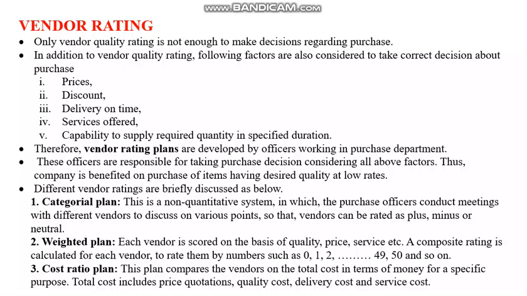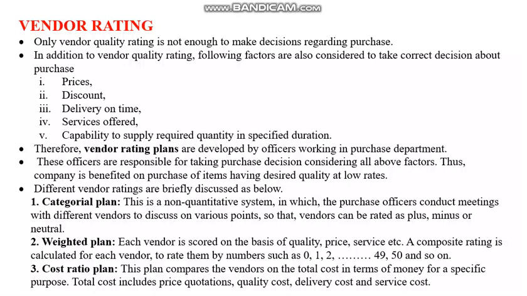If he is giving discounts or something, whether he delivers on time or not, and what other services he offers, what is the capability to supply the required quantity in the stipulated duration. All these things we also have to consider, not the vendor's quality rating alone. You should see the vendor's overall rating. Just quality is not sufficient, because money also you have to consider. Other factors that we have listed here should also be considered.